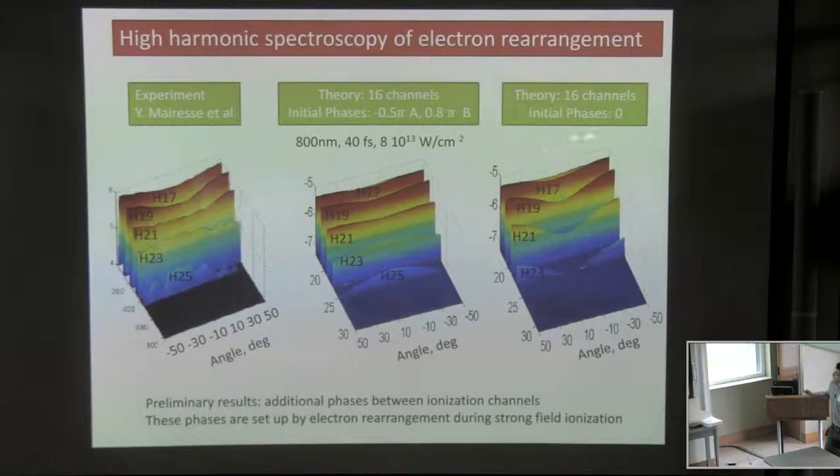If we, for example, just consider all the initial phases as zero, then the harmonics really look nothing like what we see in the experiment. But this is very preliminary stuff, and in these calculations we just use our single-channel static exchange matrix elements, and we need to have a look at more complicated models and see what effect this has.